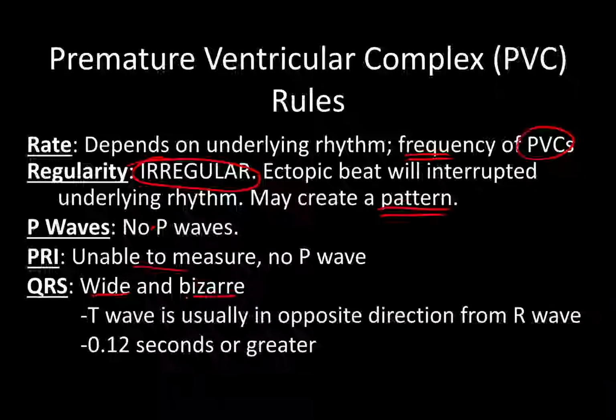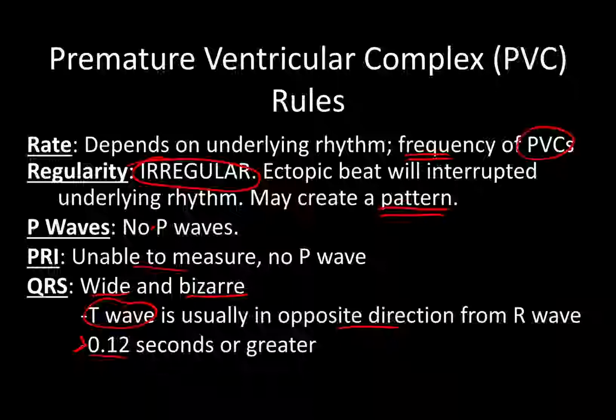Wide and bizarre, that's the one catchphrase I think you should keep with you as you're looking at these things and identifying them. An important idea to go with that QRS is these two items. It's going to be at or larger than 0.12 seconds, and your T wave is going to be in the opposite direction from the R wave.